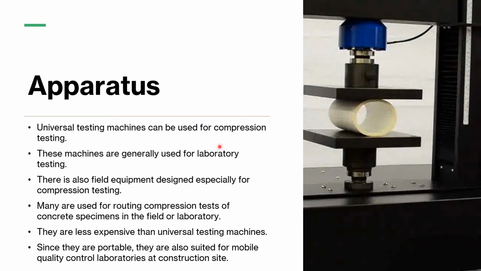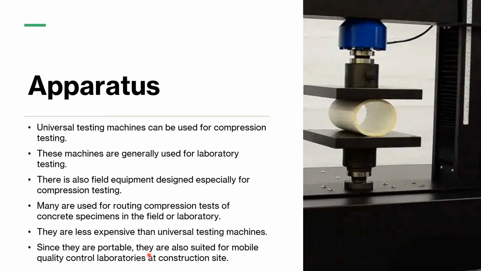Many are used for routine compression tests of concrete specimens in the field or laboratory. Why? Because they're less expensive than the universal testing machines. So that's why we use them. And they're also portable, so they are suitable for a mobile quality control lab.